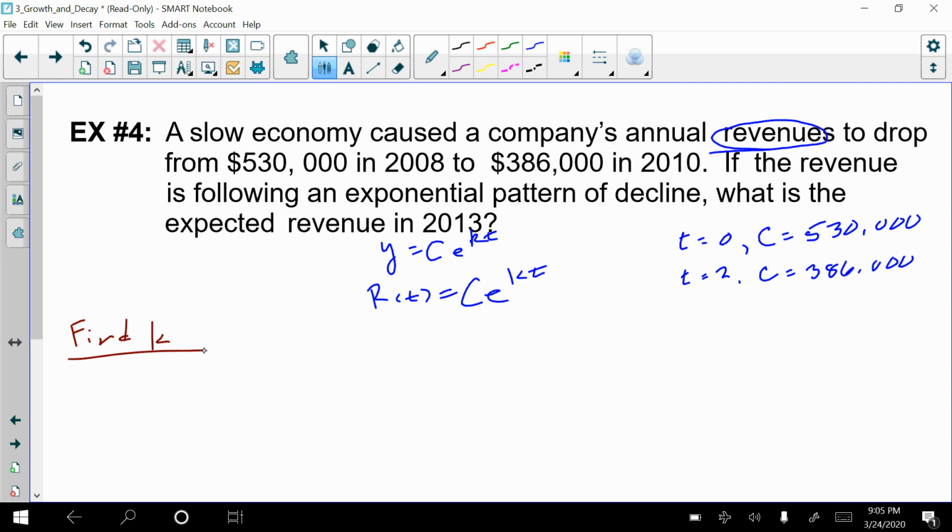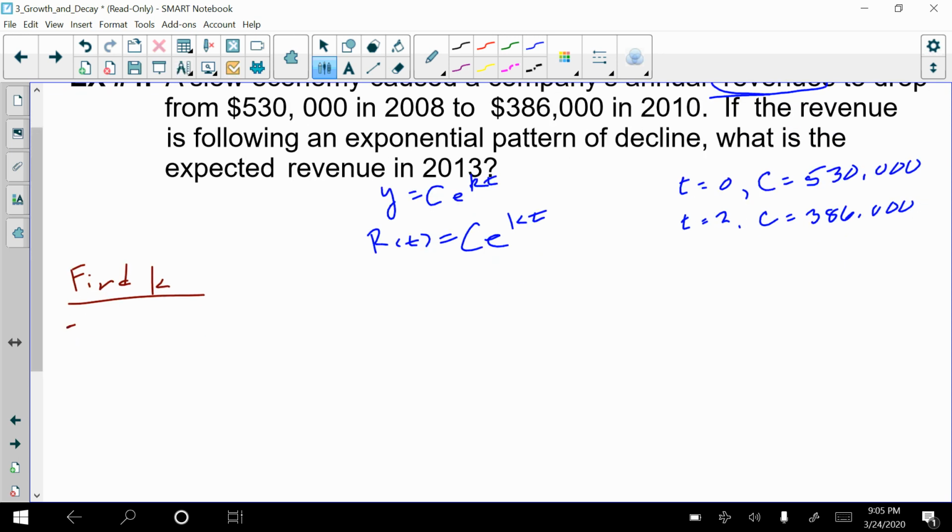Well, we know that at some point in 2010, they had a revenue of $386,000. And the initial amount that they started with at time 0 was $530,000 times e to the kt power. Now, in this case, for the time to get to the $386,000, time has to be 2.